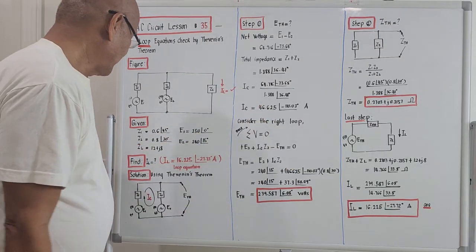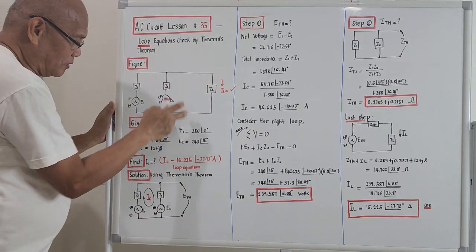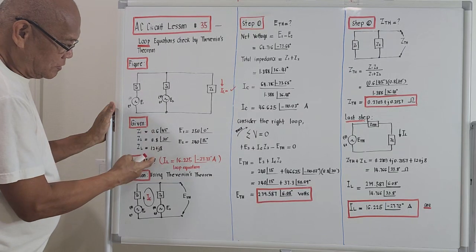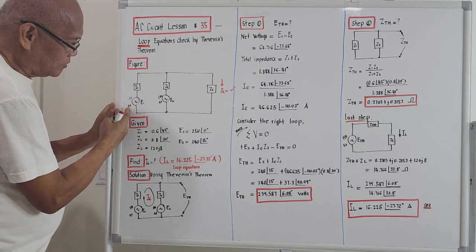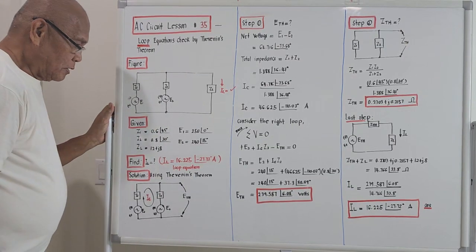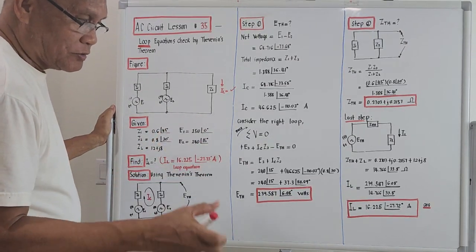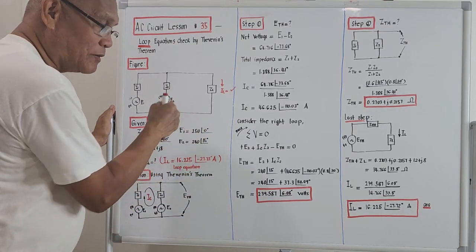Let's proceed. I will repeat the figure. This will still be the figure. The given impedances are these, and the voltage sources are this: voltage source number 1, voltage source number 2. So for this morning, we will be presenting the Thevenin's theorem solution, solving the same problem.